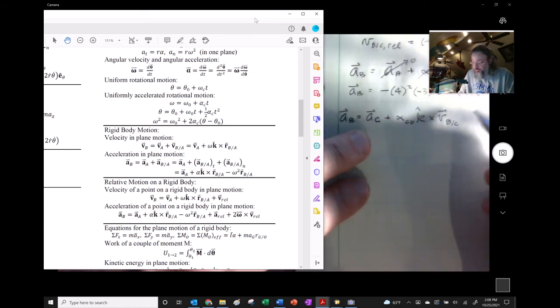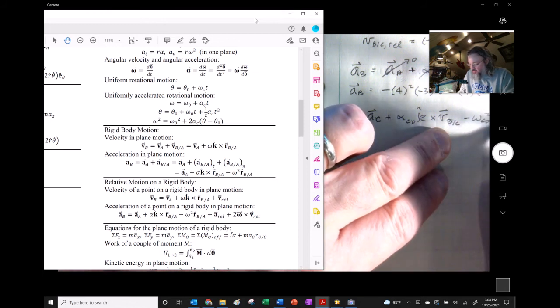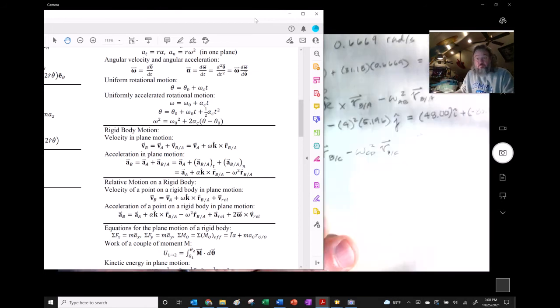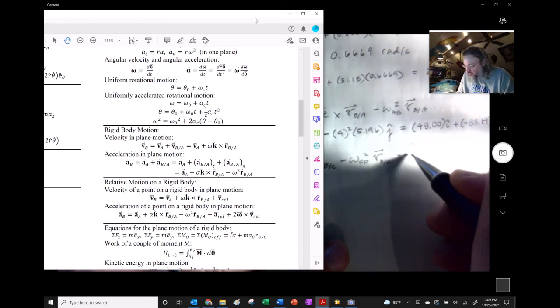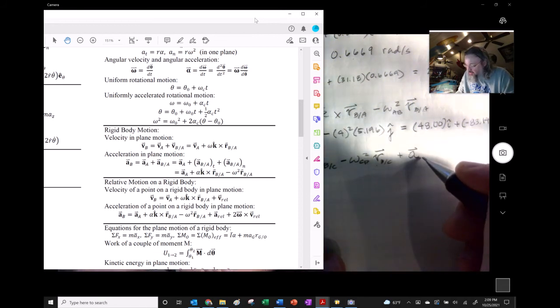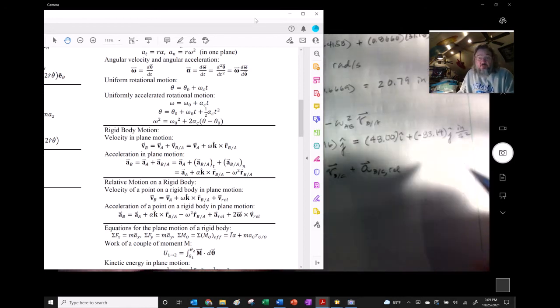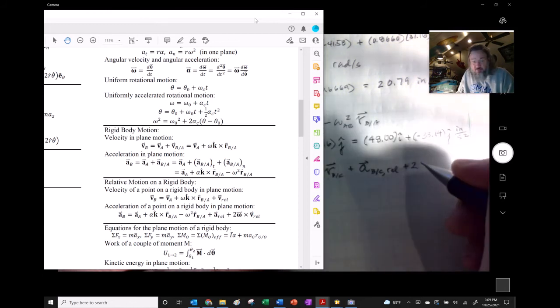And then a minus omega CD squared R B with respect to C, and then plus the acceleration, and that's going to be the relative acceleration, B with respect to C rel, and then one last one, plus 2 times.